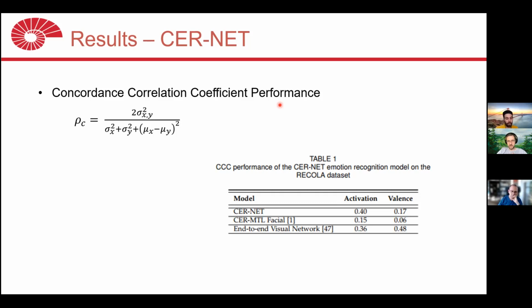But since our aim was not to get the best CRNet or continuous emotion recognition module, after some experiments we just stopped and tried to explore how it affects video summarization for human-centric videos.